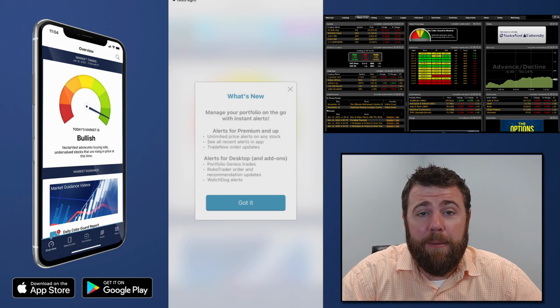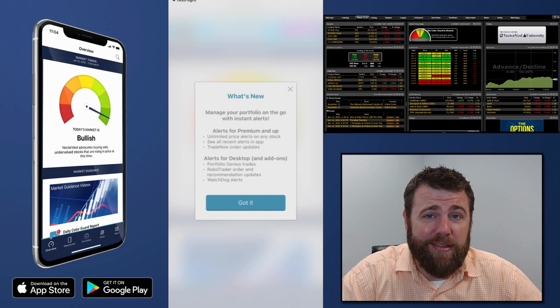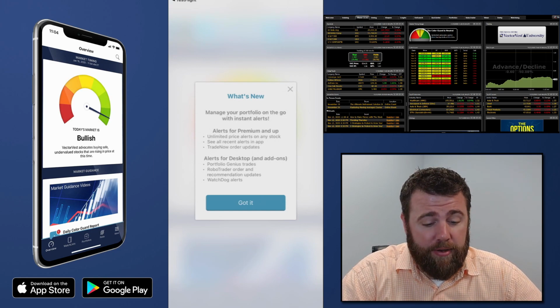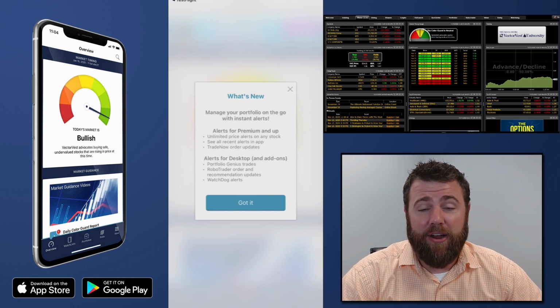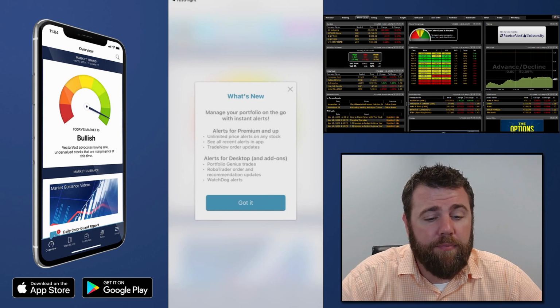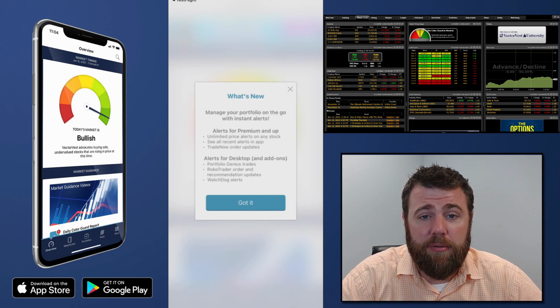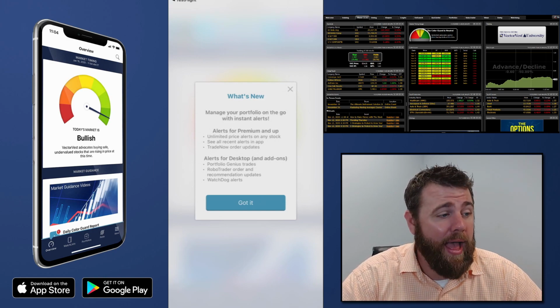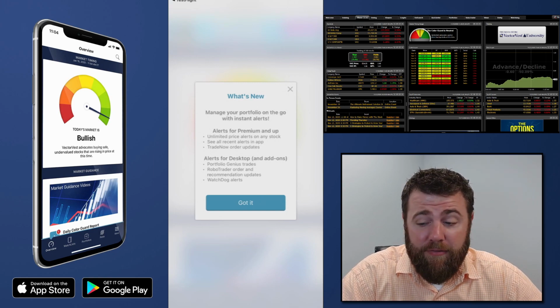Well, if you can just set up your alert to notify you, hey, it's time to manage it, this will instantly save you countless hours of having to stare at a screen or watch a stock or worrying about what's happening throughout the day if you're not watching a stock.